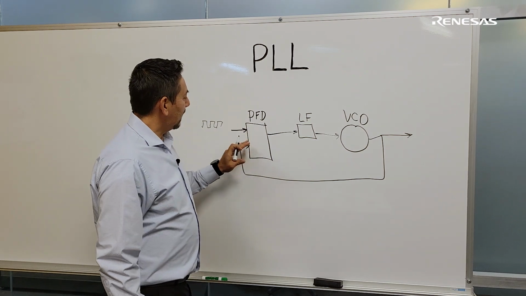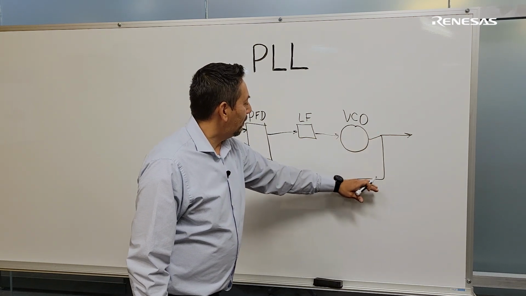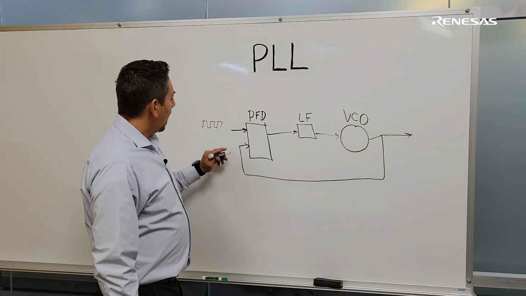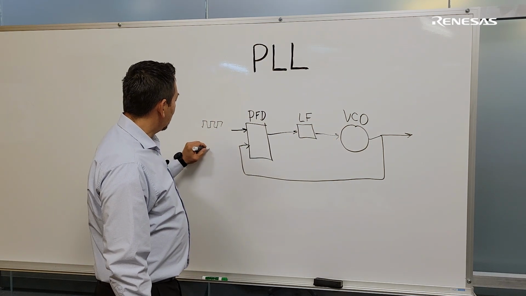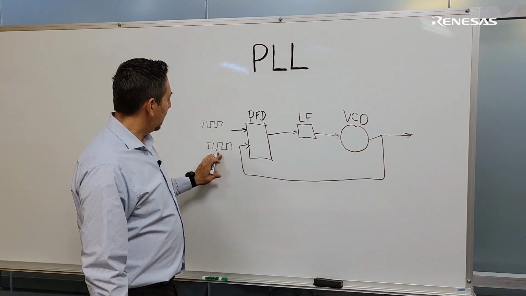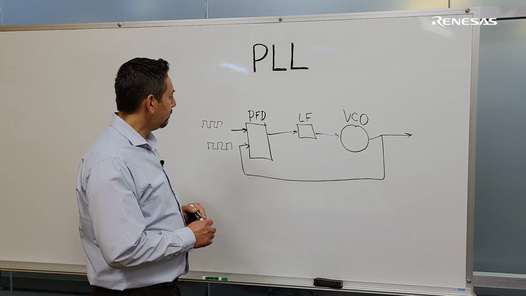So the phase detector is constantly monitoring the output signal from the voltage-controlled oscillator and comparing it to the input reference. So let's, in this example, say that this is a square wave coming from the VCO.